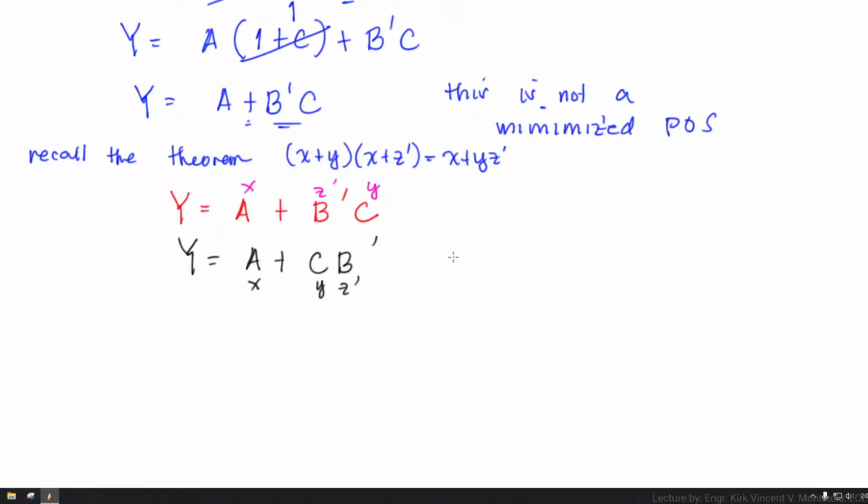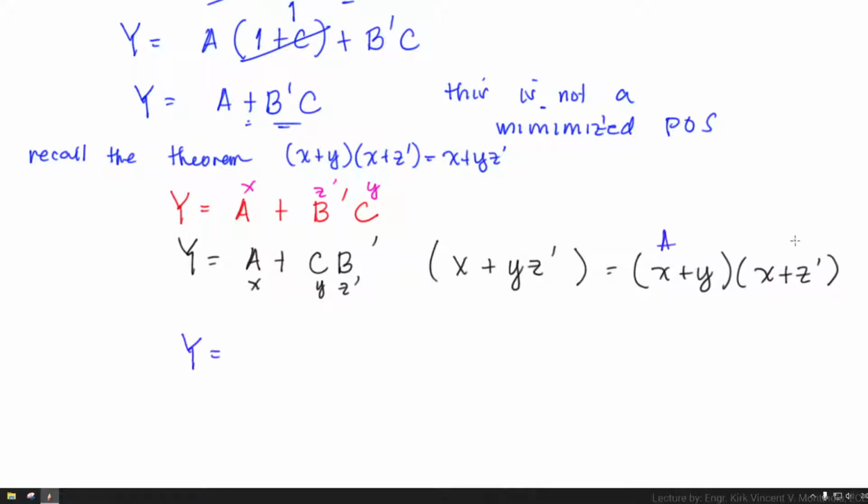We know that x plus yz prime or complemented c has a factor of x plus y then x plus c complement. Okay, then that's one. I could say this one. Ito, yung taas na y is equal. So, sino bang aking a?